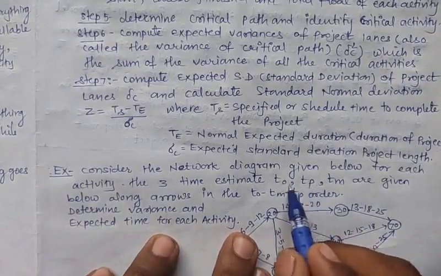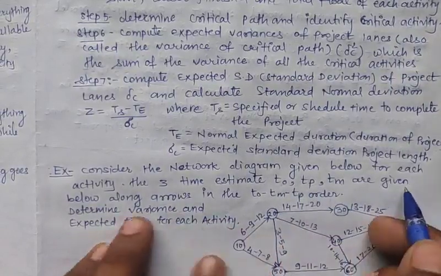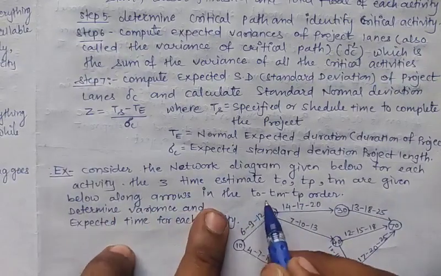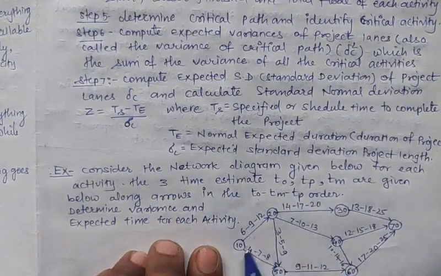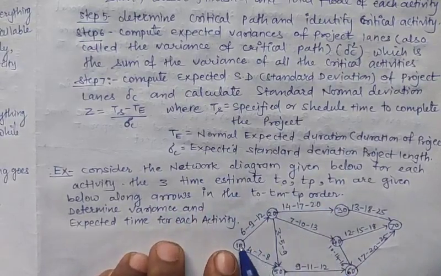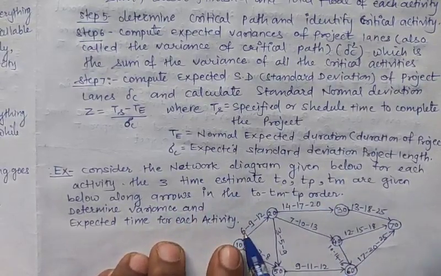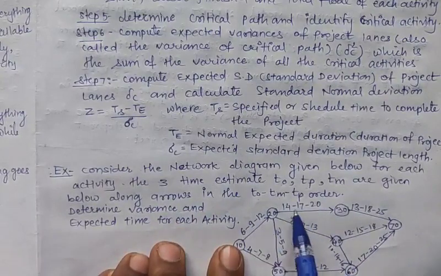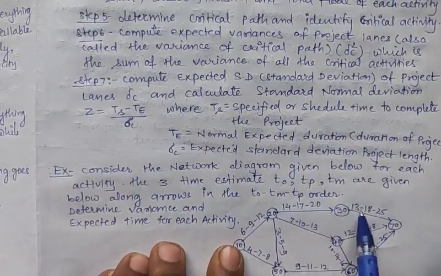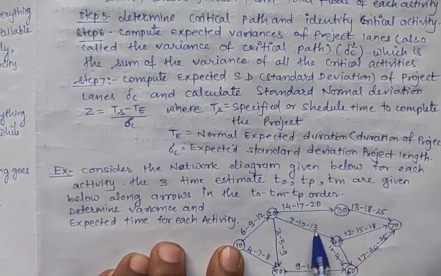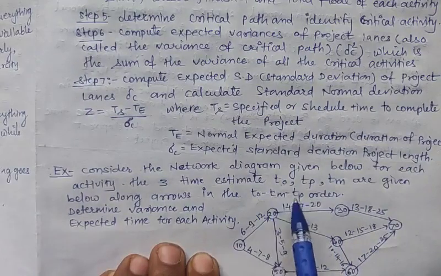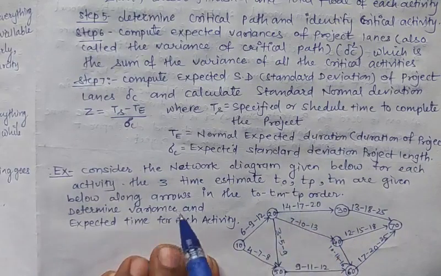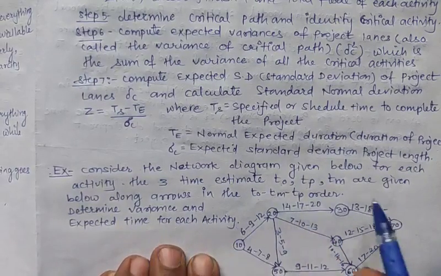T naught, Tm, Tp are given along the arrow in the order T naught, Tm, Tp for each activity. We have given all the values in the figure in that order. Determine the variance and expected time for each activity.